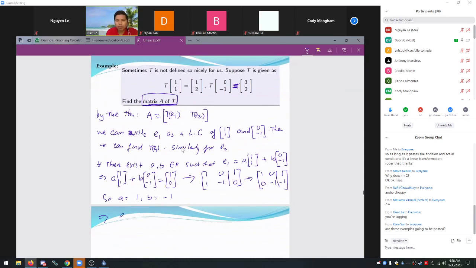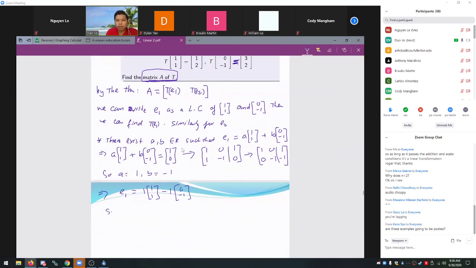Therefore, E1 is equal to 1 times (1, 1) minus 1 times (0, -1). So T of E1 will equal 1 times the transformation of (1, 1) minus 1 times the transformation of (0, -1).